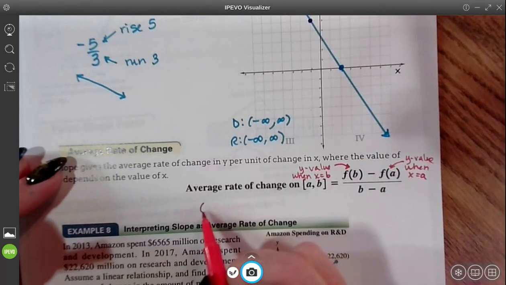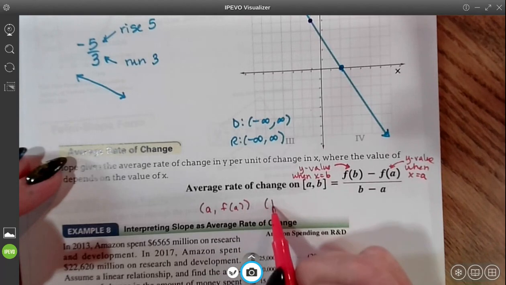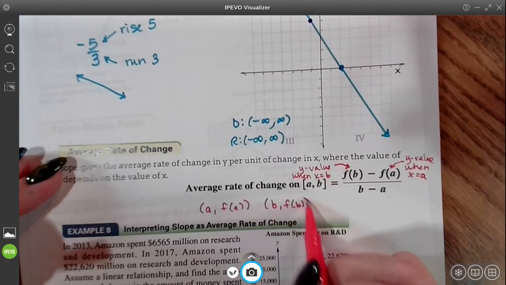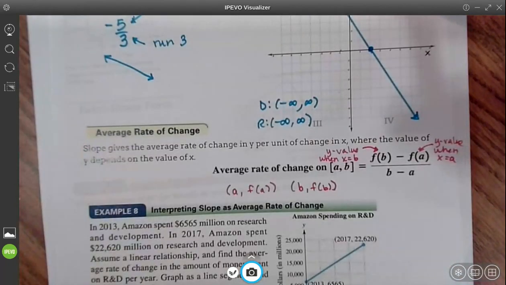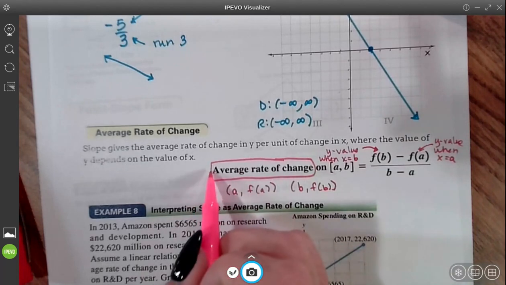So I'm finding the slope between 2 points, a, f of a and b, f of b. So do not let average rate of change mess with you. It really just means the slope of the line between 2 points.